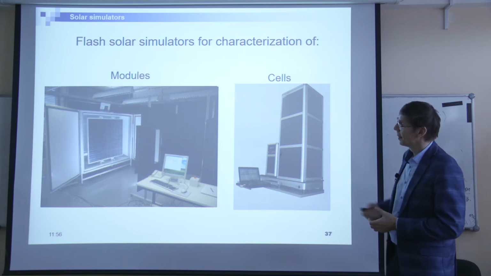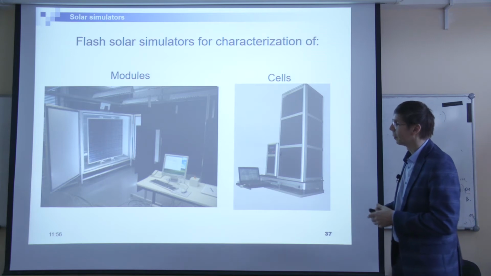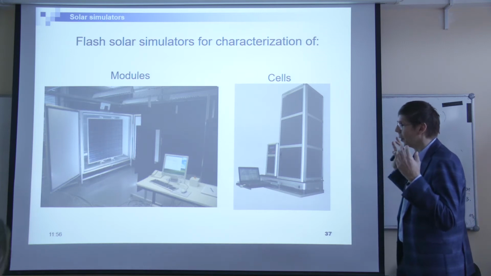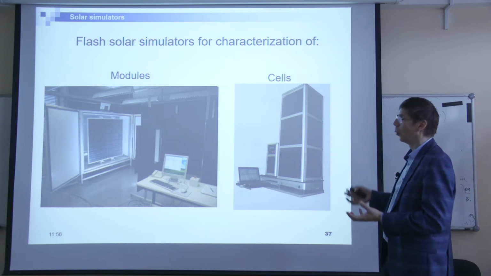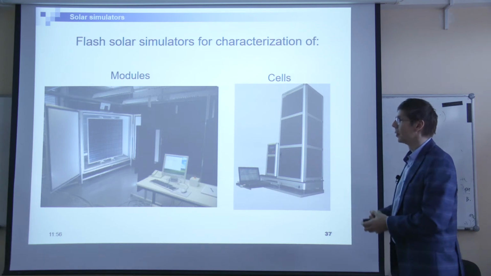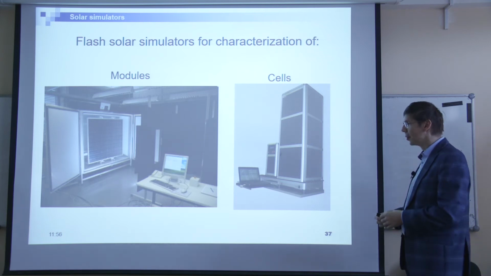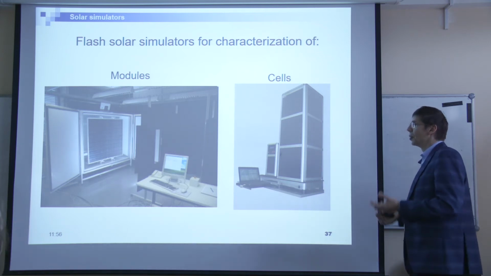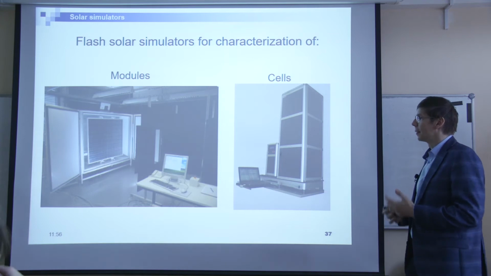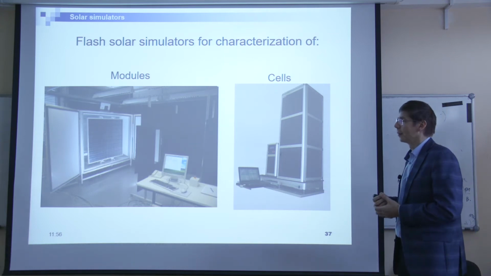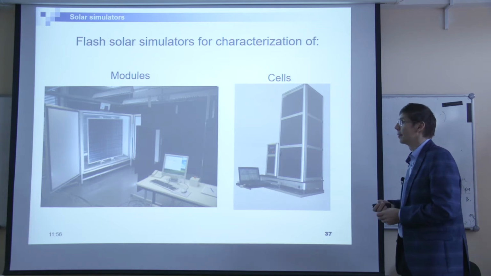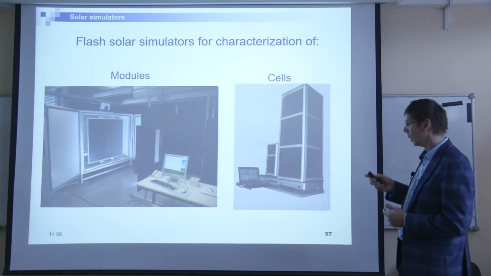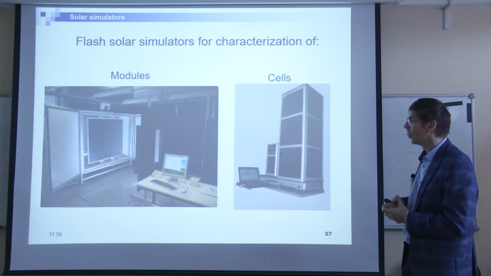And there is an example of a huge flash simulator to measure a module. So you see the difference. It could be quite a large device, but if you want to measure a module, normally it's only a flash simulator, because a continuous simulator is crazy in terms of power consumption.